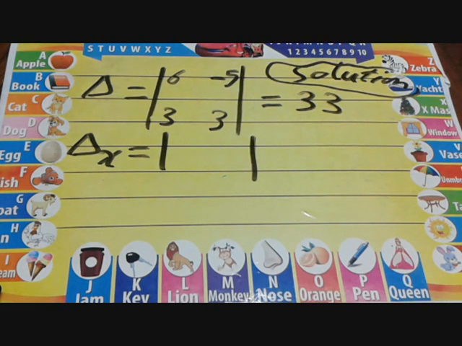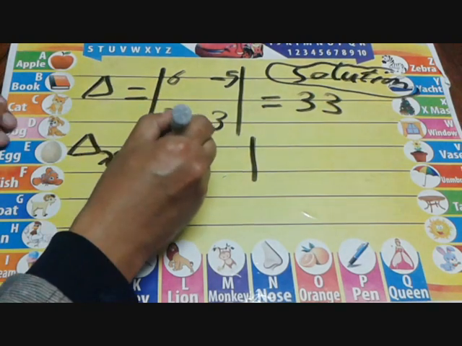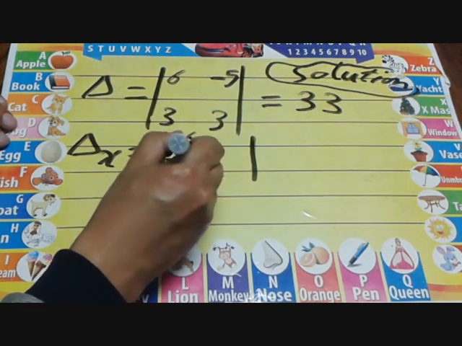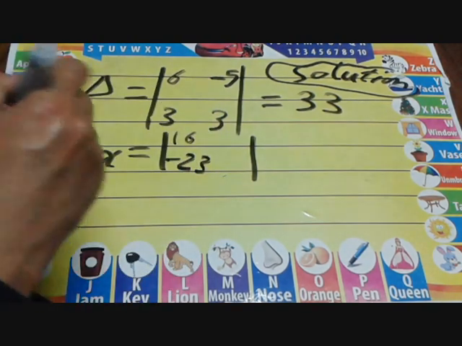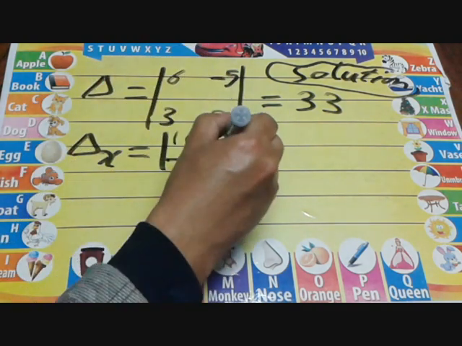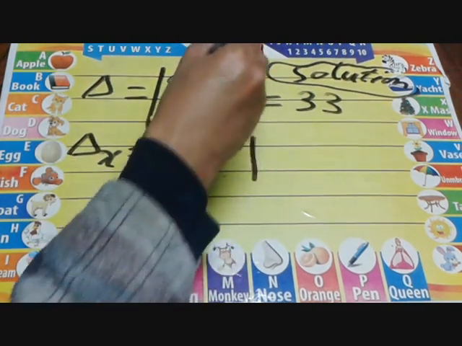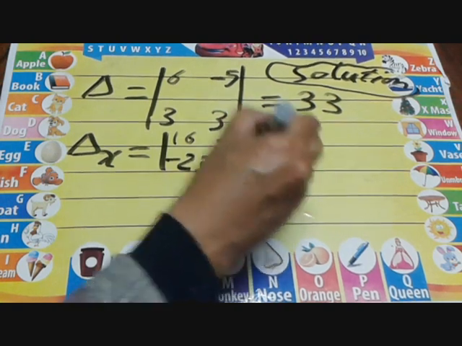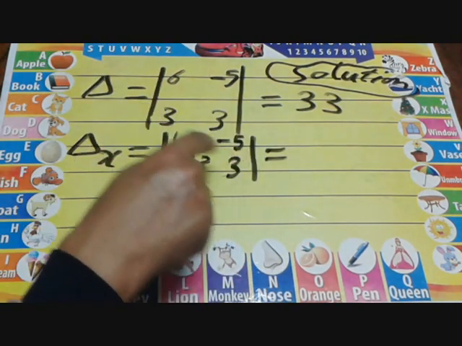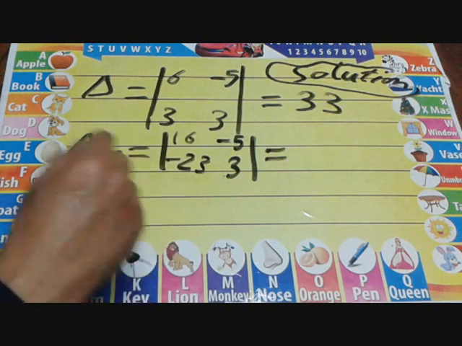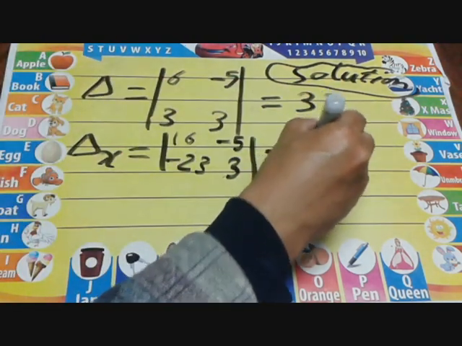What are the constants without variables? 16, negative 23. And this I put here as it is. What is the value of this determinant? This times this minus this times this equals 11.